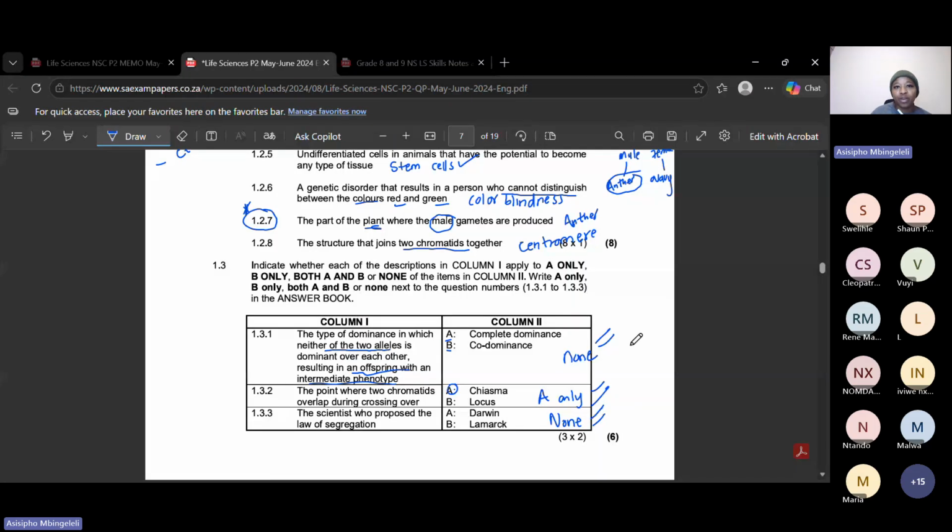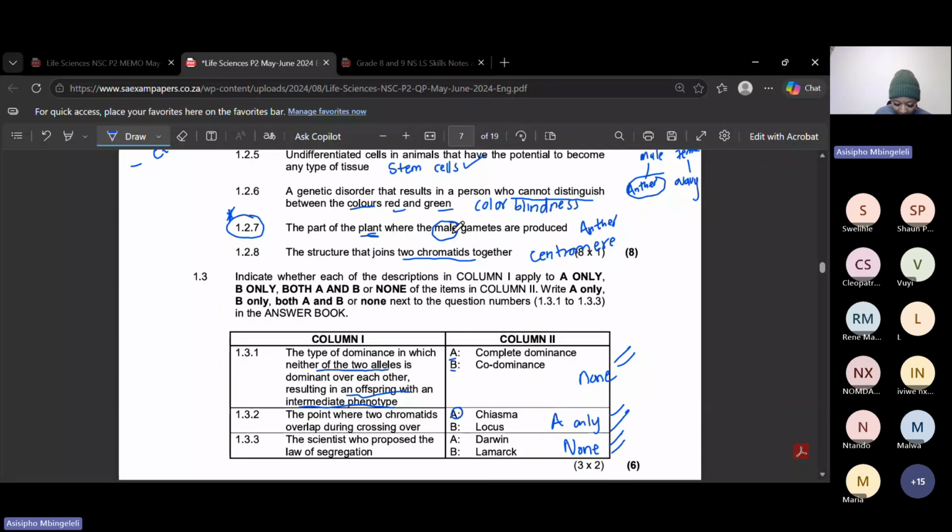Okay, so let's come here on top. So here, I'm reading the instruction. Indicate whether each of the descriptions in column 1 applies to, you need to indicate if this description that you are given in column 1 applies to A only. What do we have on A only?